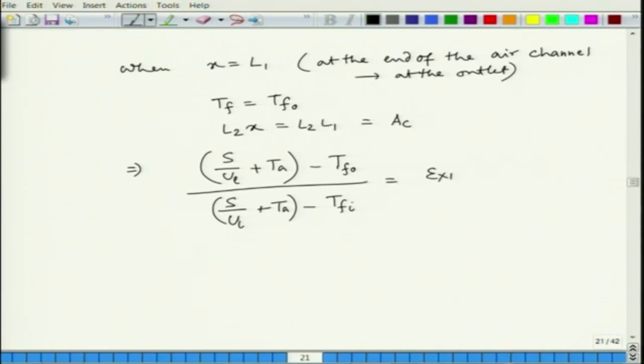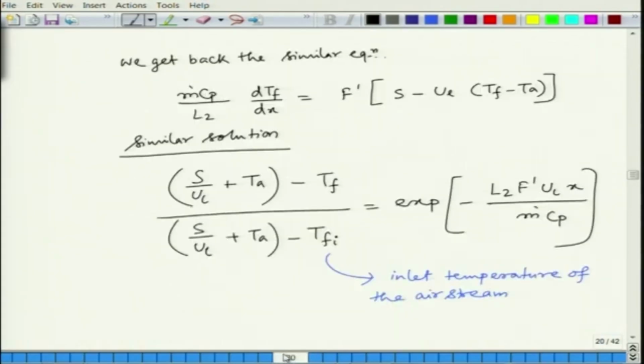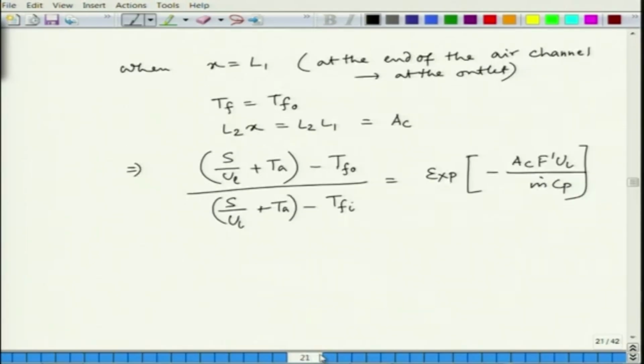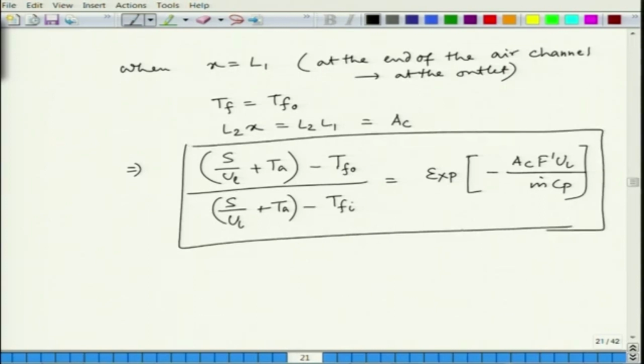This will be equal to exponential minus of AC F prime UL divided by m dot Cp, right. Here nothing has changed, we have put L2 into x to be equal to AC, and here we have put TF naught. So, this is the final equation which is obtained by the thermal analysis of the air heater.